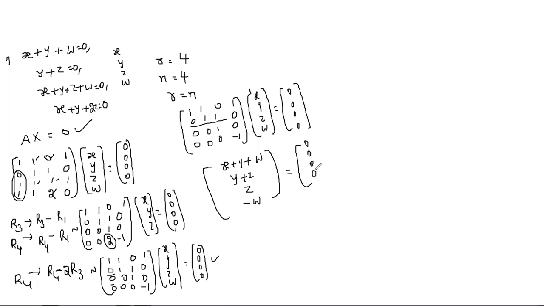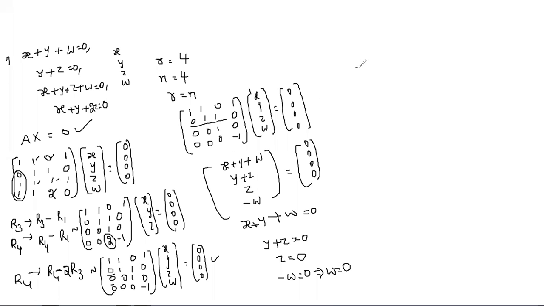By equality of matrices, we are equating those equations. From the first one, x plus y plus w is equal to 0. From the second equation, y plus z is equal to 0, and the third one, z is equal to 0, and the fourth one, minus w is equal to 0.